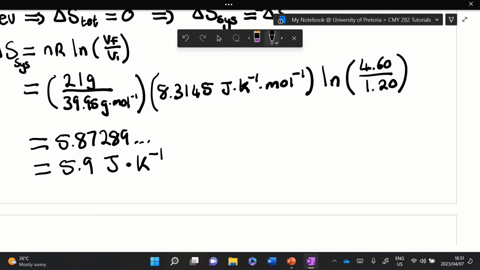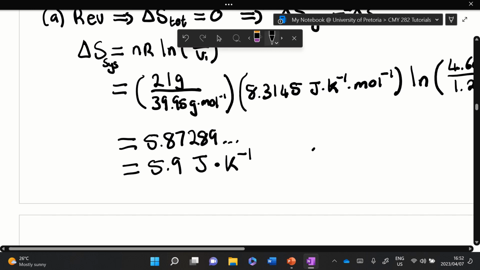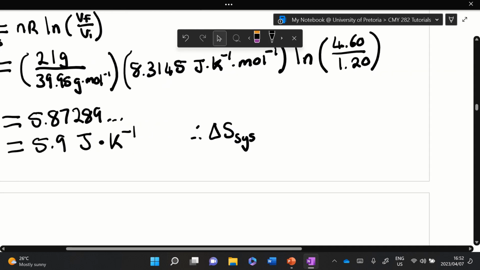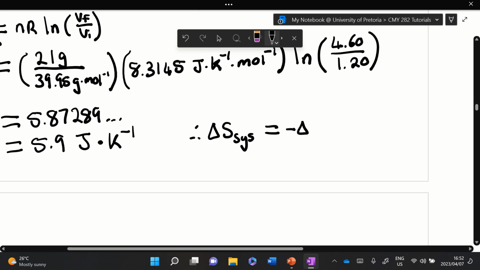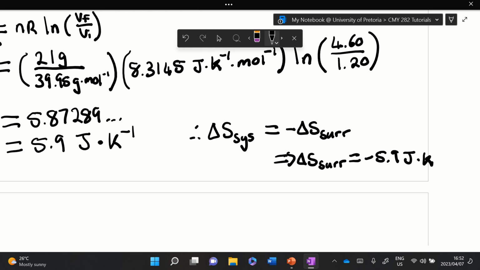That's the system's change. Of course, our surroundings is just the negative of that: minus 5.9 joules per Kelvin.